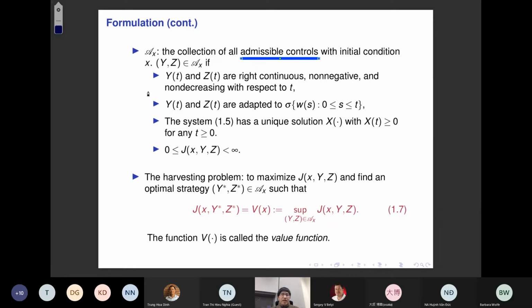Roughly speaking, we want to make sure that Y and Z are non-negative, and under our control we have a unique solution, and this is a global solution. The harvesting problem is to maximize the performance function, and we find the optimal strategy, the optimal control, in the class of admissible controls.